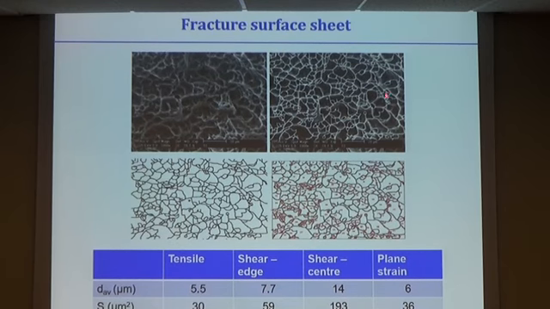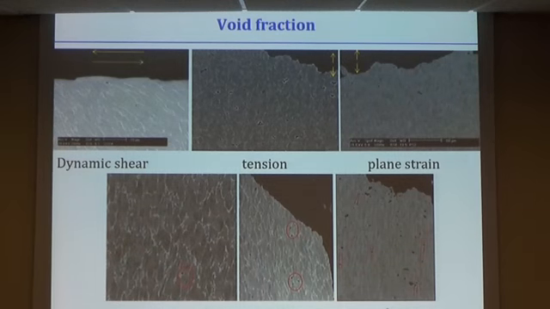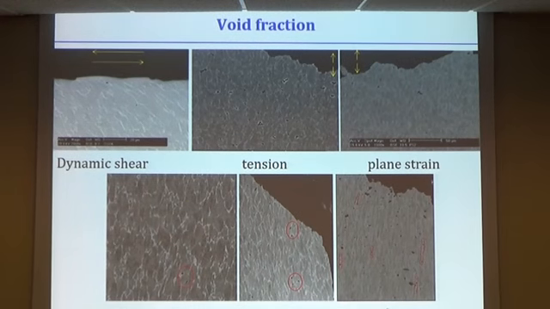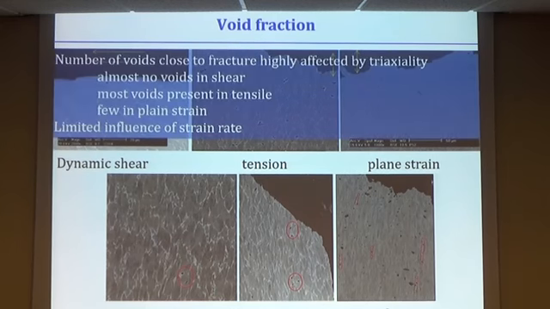ImageJ was used to analyze the size of the dimples on the fracture surface, and you can see some values there. Then we also counted the void fraction, aiming at Gurson-type modeling where we need an indication of the voids, so the size of the void fraction. What is very clear is that the voids are very much triaxiality dependent, and in the shear experiment we don't find voids, of course.